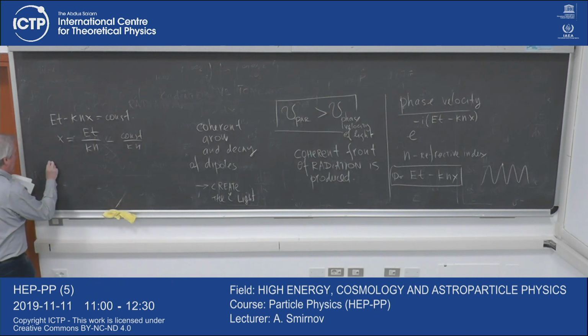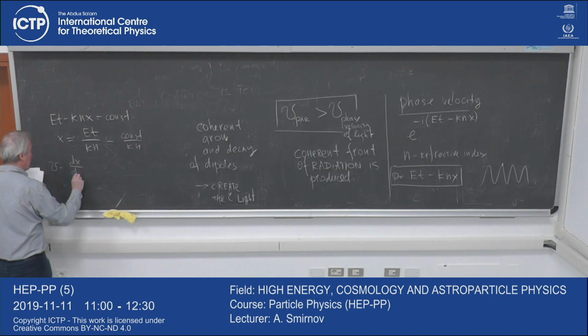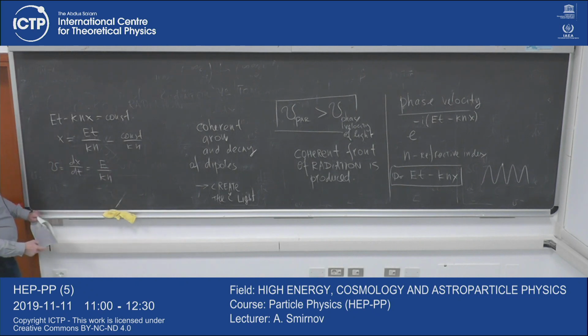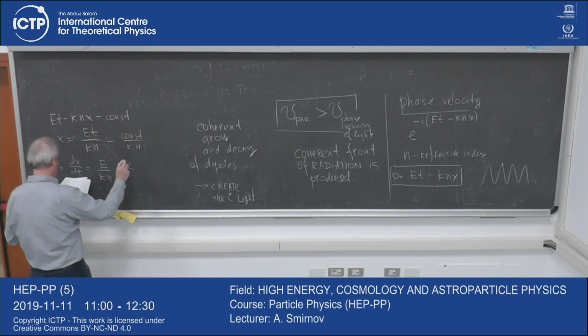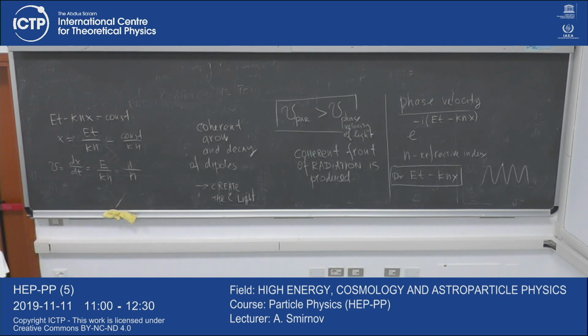And the phase velocity is given by dx over dt, which is E over k n, and we deal here with light, and therefore E over k is 1, so it is just 1 over n. Refractive index, in our units.